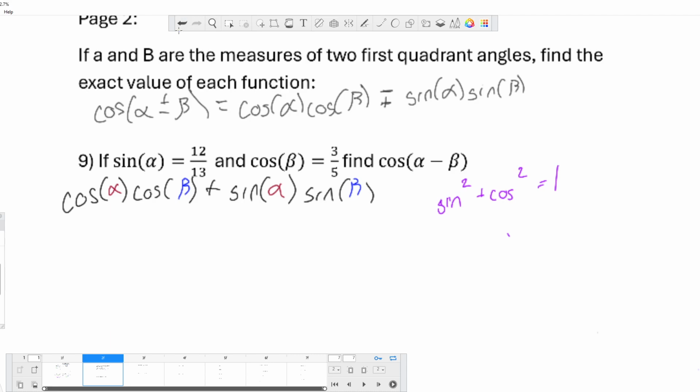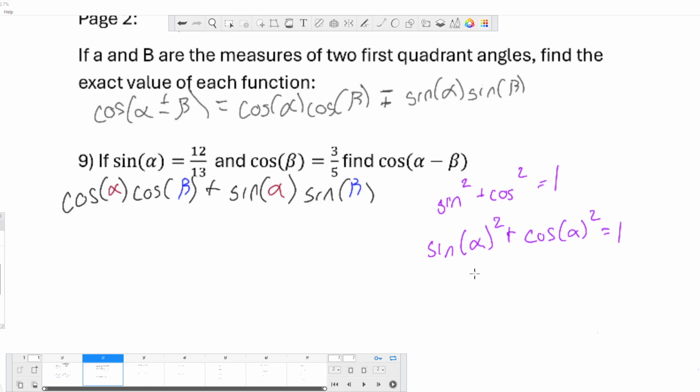We could put sine of alpha squared plus cosine of alpha squared equals 1. I'm going to algebraically solve it a little bit.